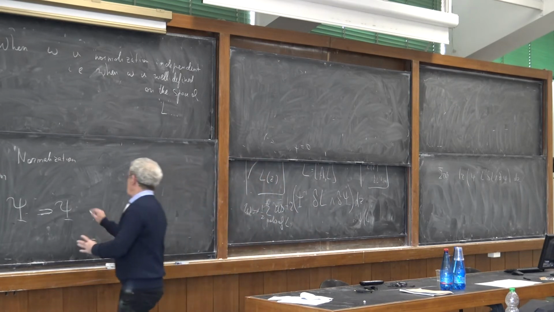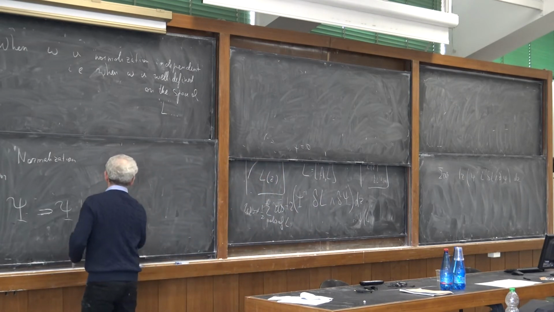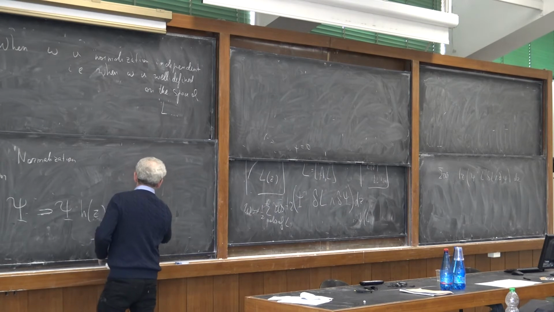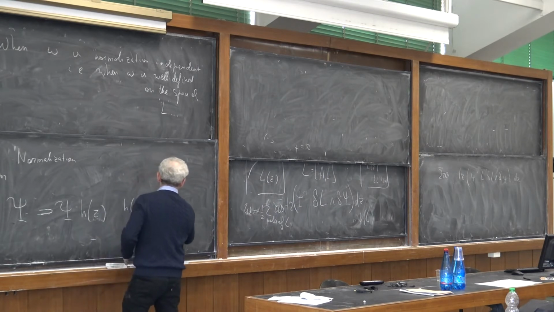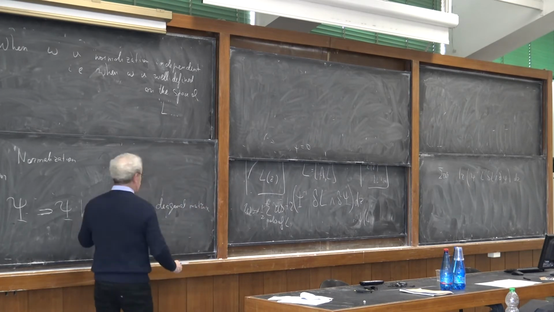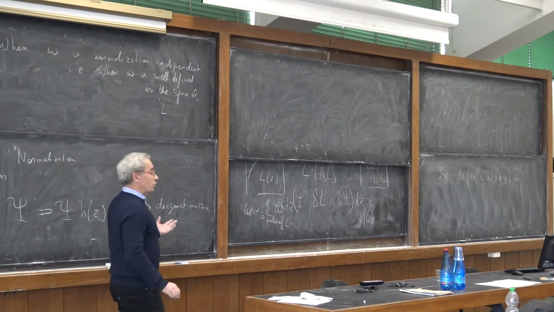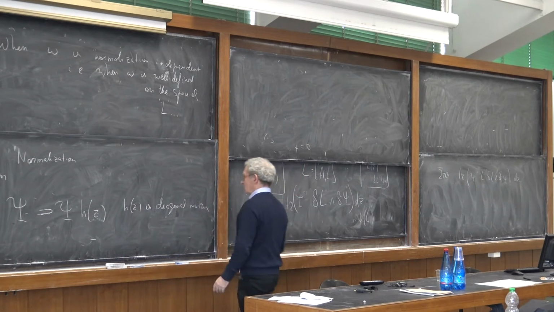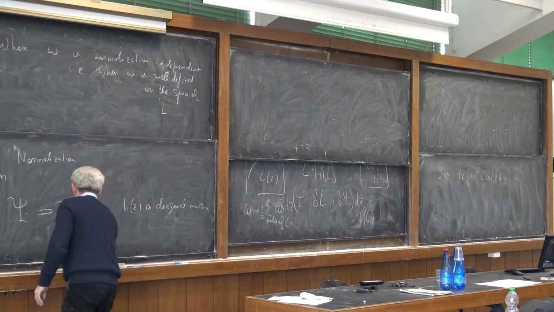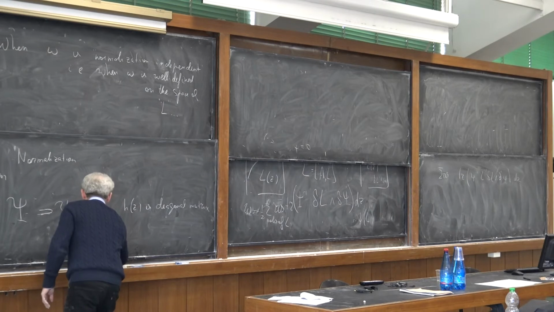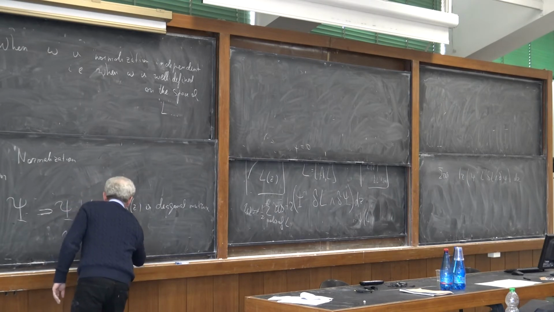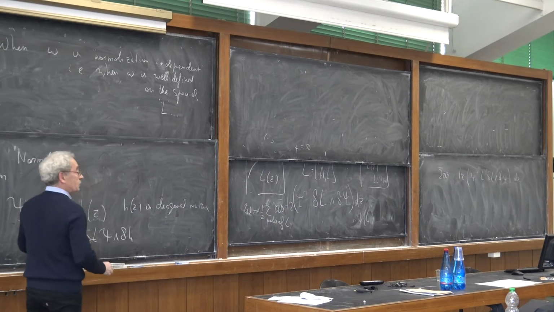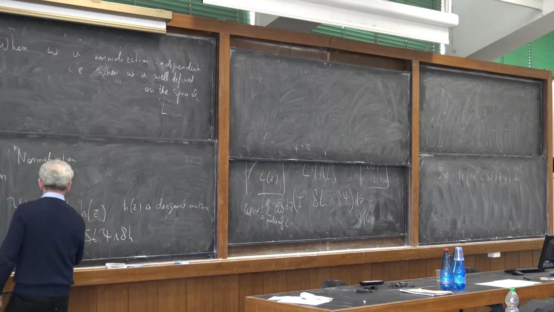So it is multiplication by h of z, where h of z is a diagonal matrix. This is the transformation corresponding to a change of normalization. Use this here. What will you get? You will get psi inverse delta L psi wedge delta h. This is the additional term you acquire.